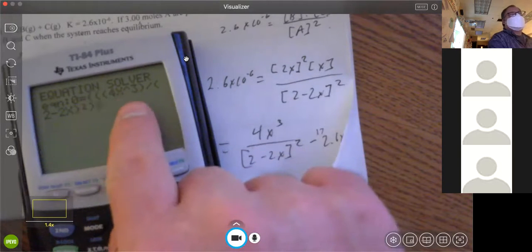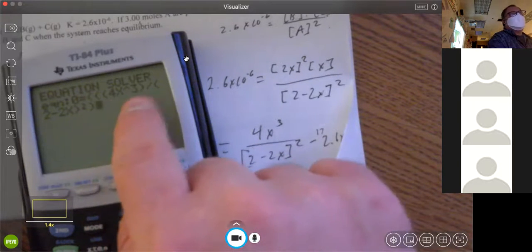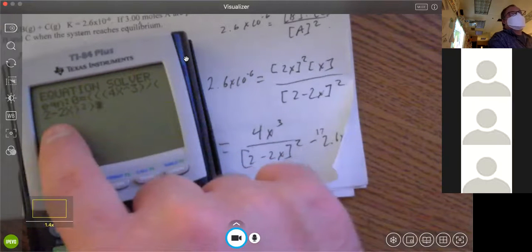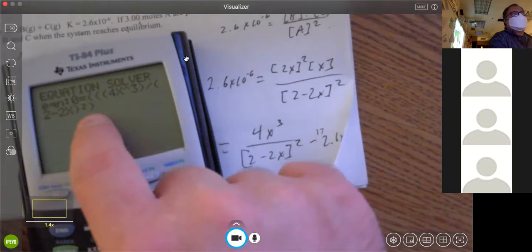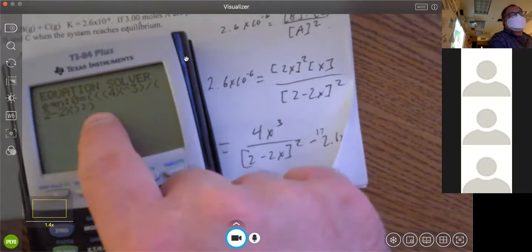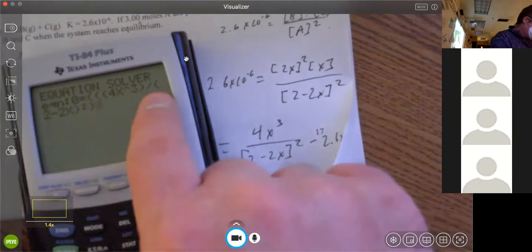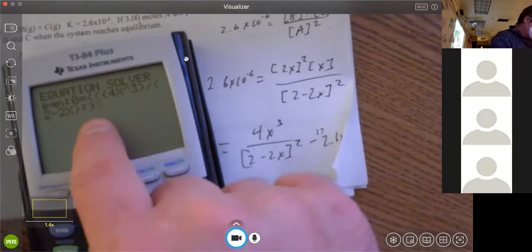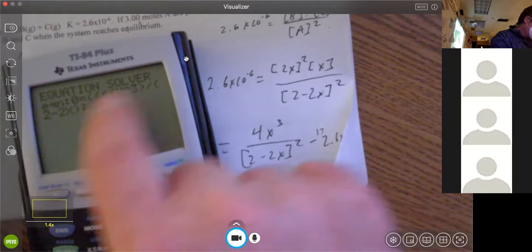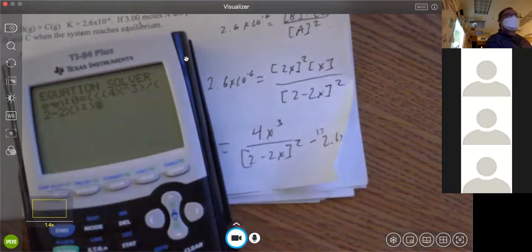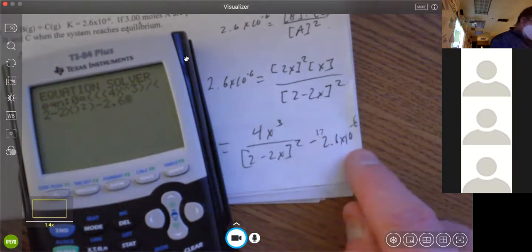So this right here is currently saying 4x to the third divided by 2 minus 2x squared, and that's the end of that parentheses. So I've got one more parentheses to end. You can always count them up. 1, 2, 3, 4. 1, 2, 3. So I've got one more parentheses to end. And that's going to be the minus 2.6 times 10 to the negative 6.